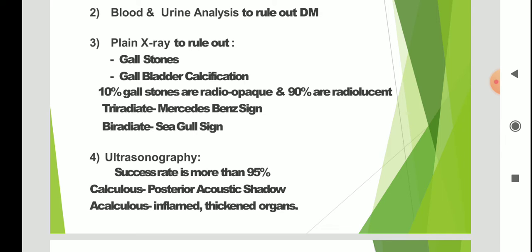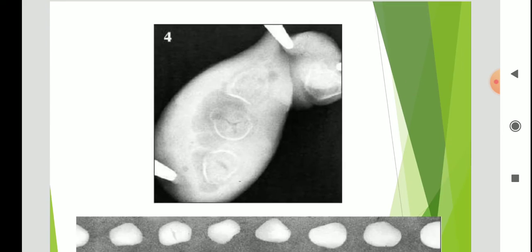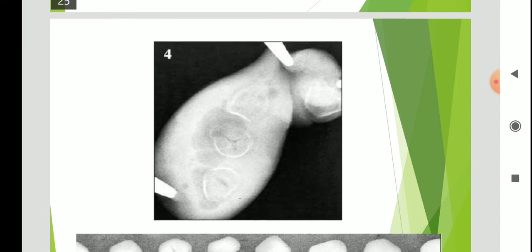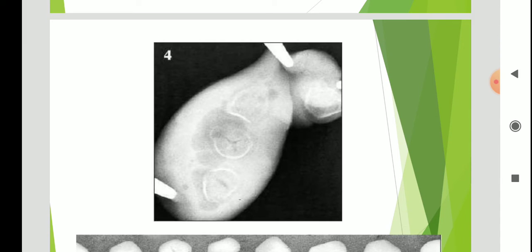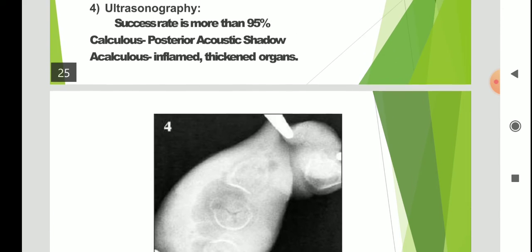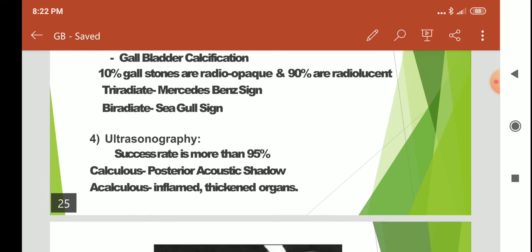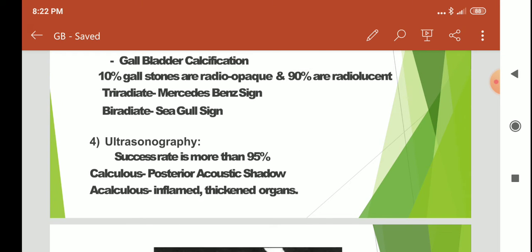Calculous shows a posterior acoustic shadow; acalculous shows an inflamed, thickened organ. This is again how gallstones are expressed here. If it is triradiate, it is the Mercedes-Benz sign, and if it is biradiate, it is the Seagull sign.